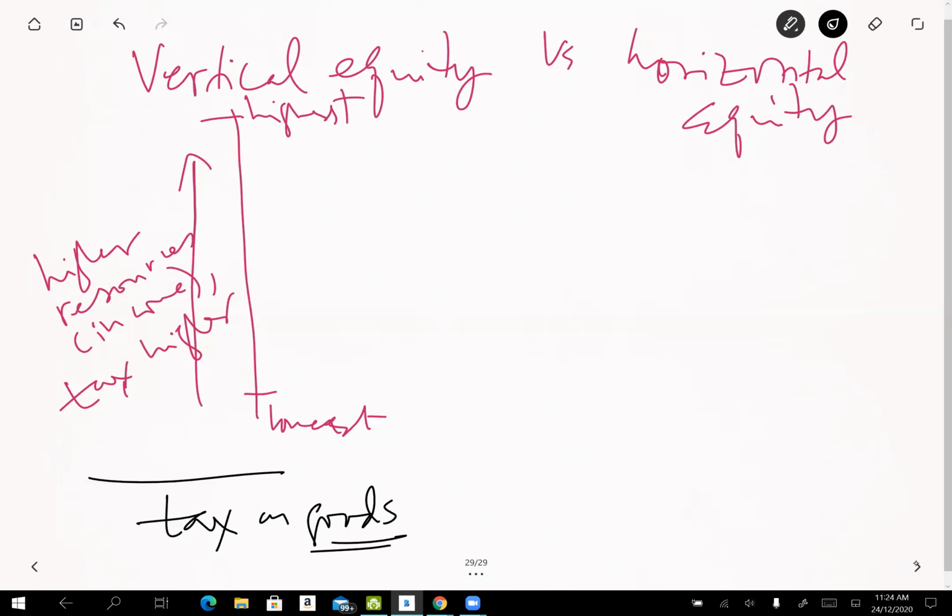The higher income people normally consume the more costly goods. Just look at a watch. A watch can cost millions, like the ones Datuk Seri Najib or Datuk Seri Rosmah had. It can be very expensive, say 50,000. And some watches, you go to the shop, can be as low as 20 ringgit.